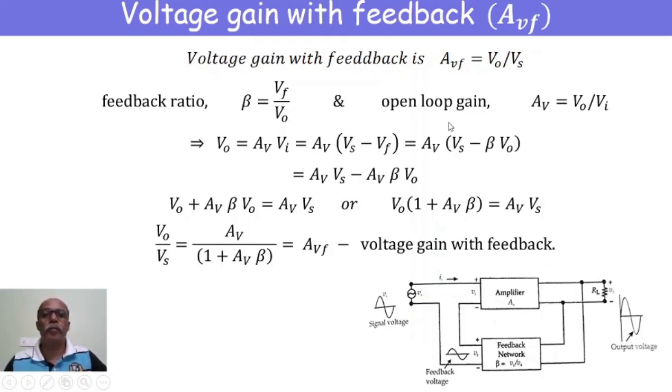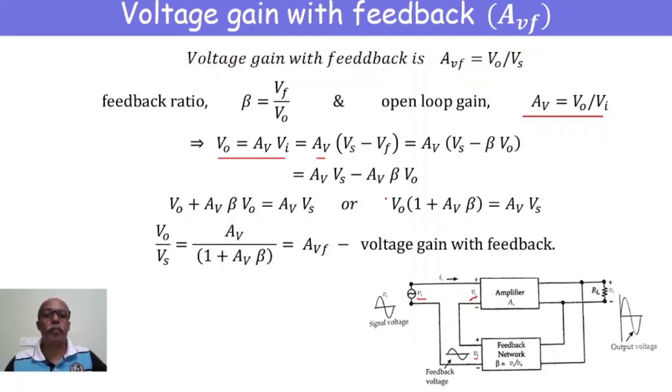Now rearranging the terms of this expression, we get V naught is equal to AV into Vi. Vi is equal to Vs minus Vf, negative because the feedback is negative feedback.